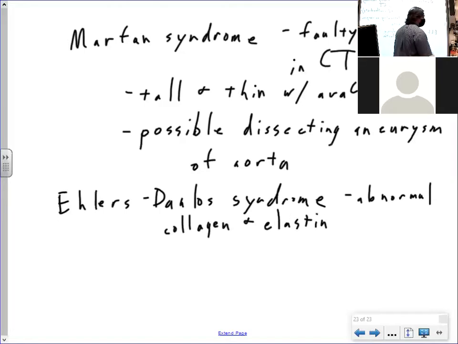So with Marfan syndrome, there's nothing wrong with your connective tissue; it's the connections between the connective tissue. With Ehlers-Danlos syndrome, the connective tissue just doesn't form appropriately.